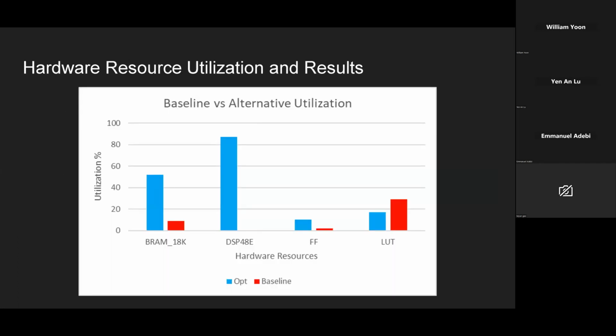So in our optimization design, we introduced pipelining to have a better throughput. But this also introduced a lot of resource use because we need to run the calculations and data access, memory access, in parallel. So it means that we have to consume more resources. So we will have an increase in the use of block RAM and also the DSP because we're doing the multiply accumulations in parallel.